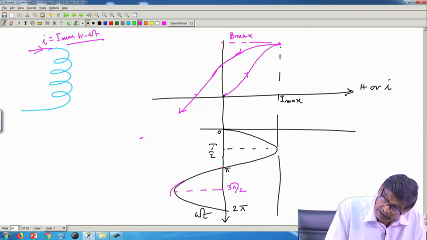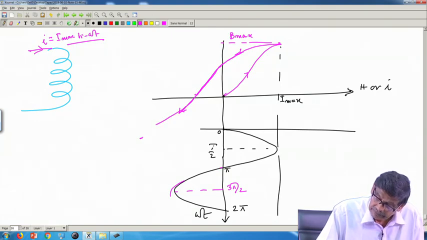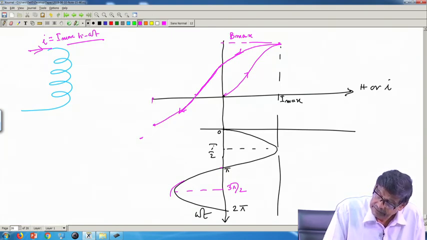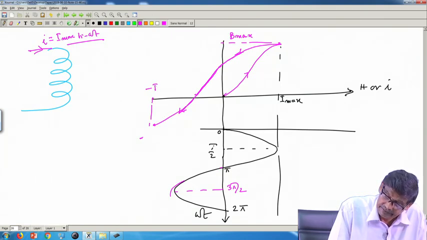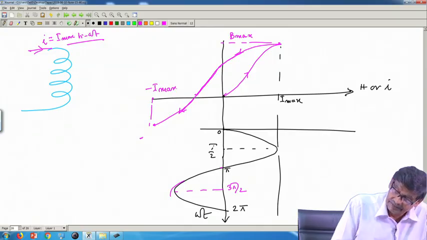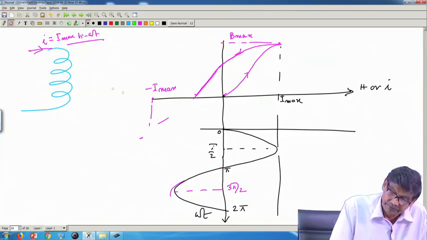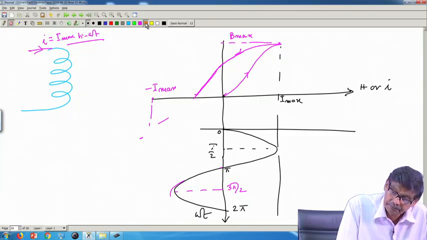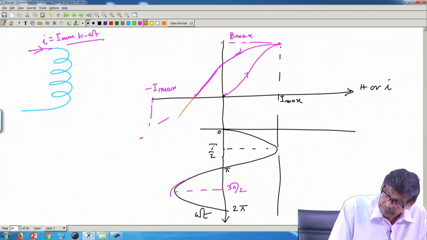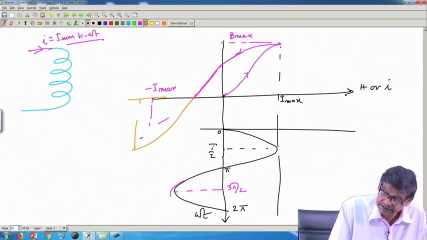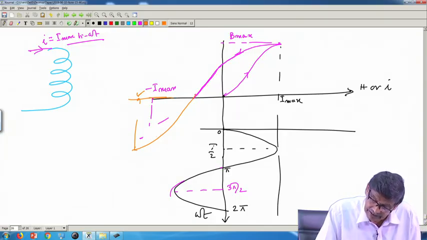It will go like this, reach say minus I max. This is not correctly drawn. This is B max, I mean it goes, this is suppose minus I max, this point, and then once again it will go, it will be always lagging, it is like this.